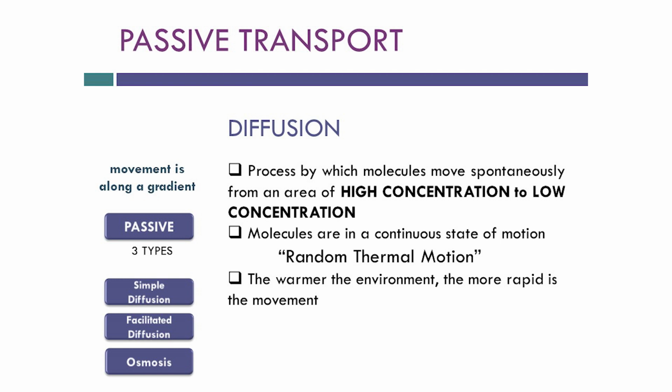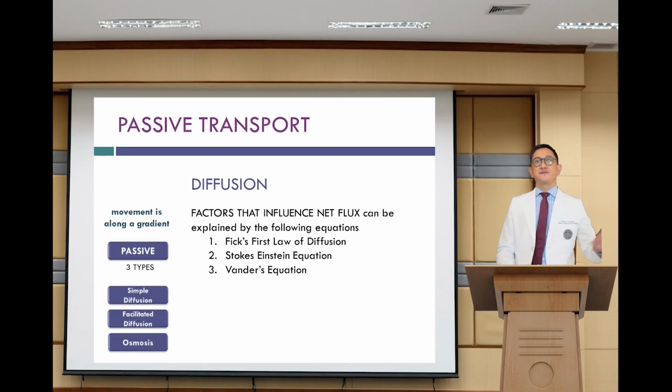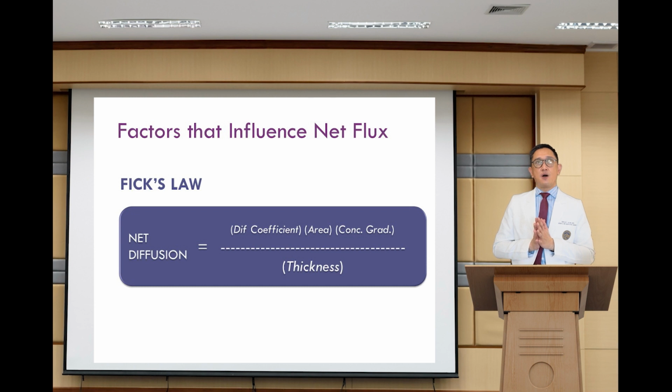Okay, that's diffusion. And there are factors that will affect diffusion and can be explained by the different equations on your screen. You have Fick's first law of diffusion, Stokes-Einstein equation, Van der Waals equation. And the first law, or Fick's law, net diffusion, you have the numerator and the denominator. Diffusion coefficient, the area, concentration gradient over the thickness.